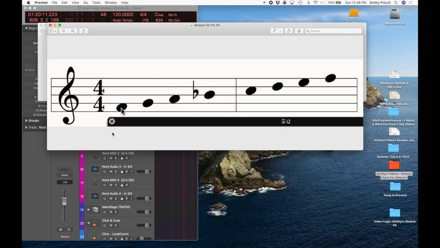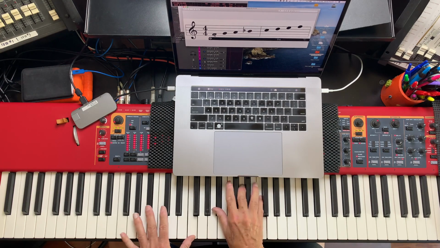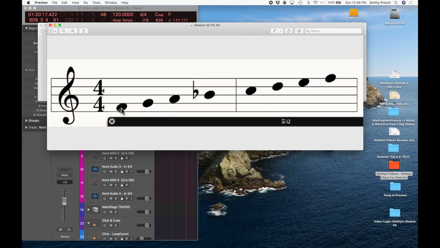Okay, with the clef and the keys in mind, we just talked about G. Let's go back and look at F. Remember how we worked on that a few minutes back? Here's our F. We're in this key. And we have our F, G, A, and our half step, B flat. That's our black key. Remember that?